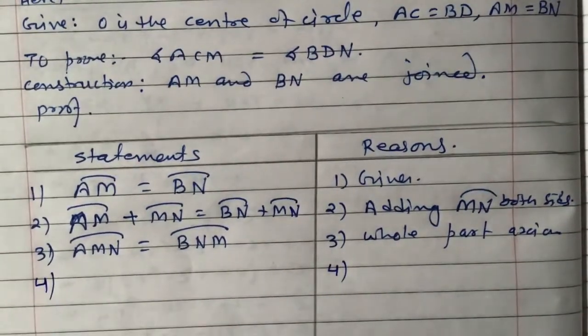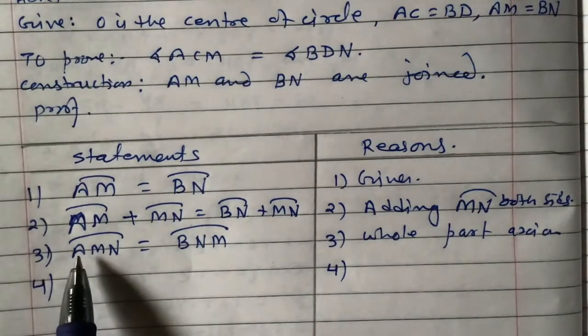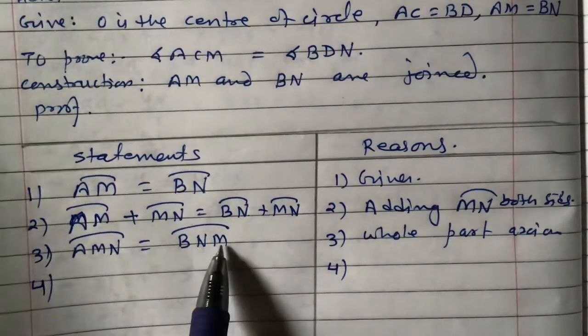Now number 4. The angles subtended by arc AMN and arc BNM are equal.